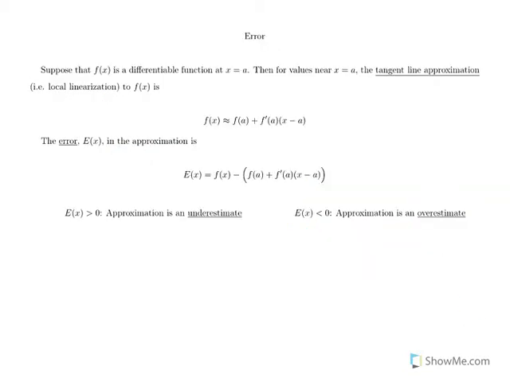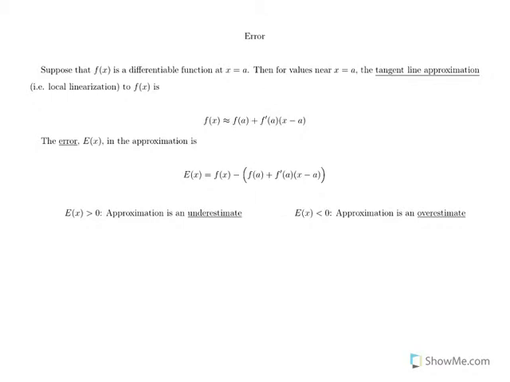All right, so one last thing we need to think about is error. How far away are we from the actual answer? So suppose that f of x is a differentiable function. We need differentiable because we need to be able to take the derivative of the function. For values near x equals a, the tangent line approximation, that is the local linearization to f of x, is going to be approximated by the tangent line f of a plus f prime of a times x minus a.